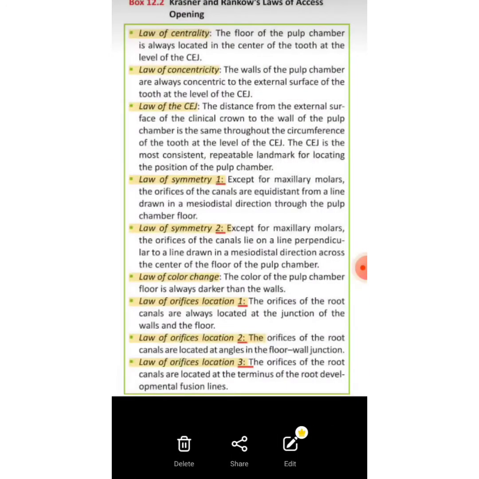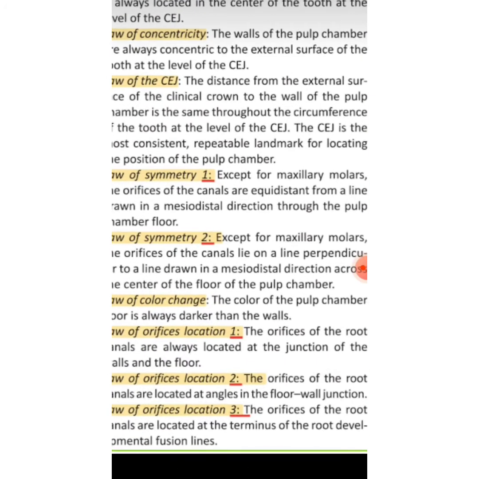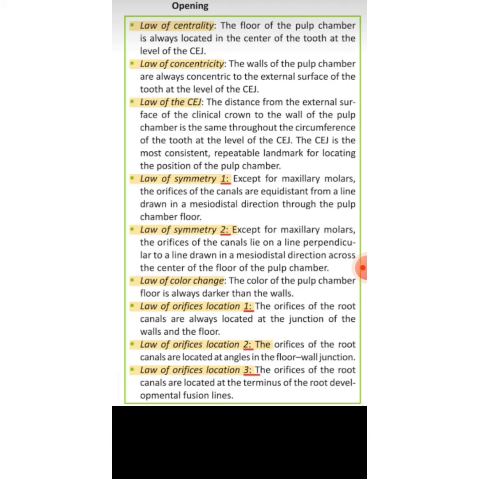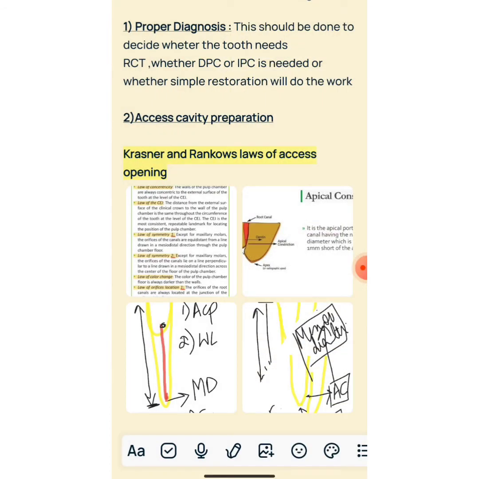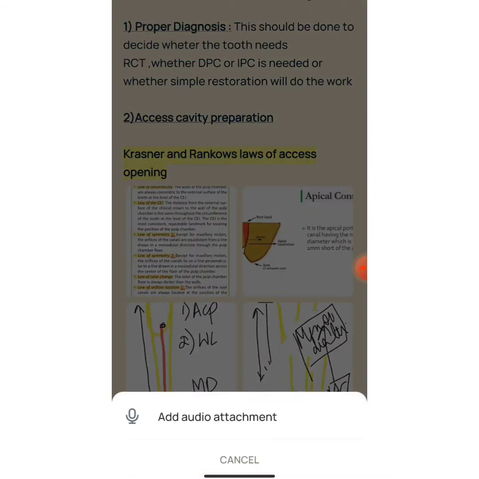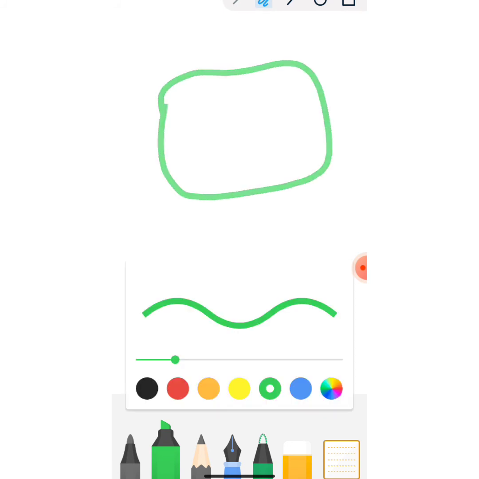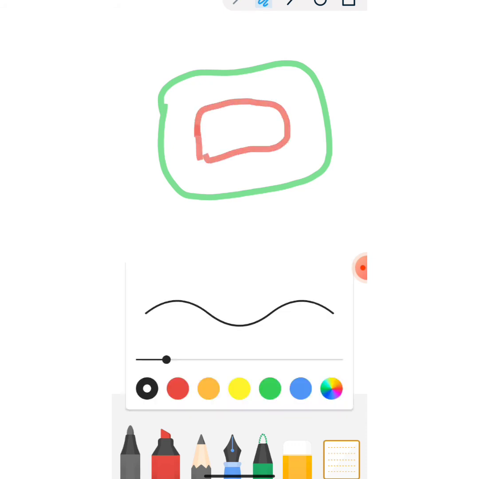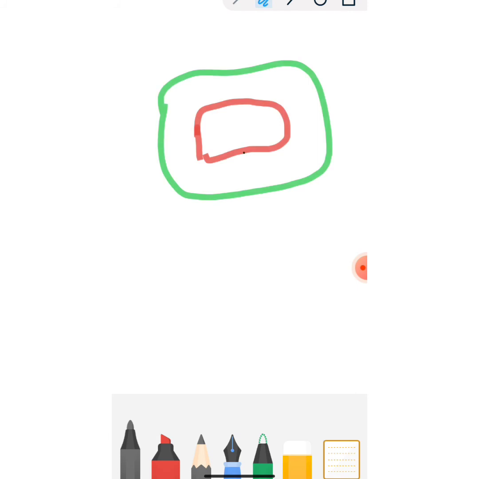Then comes the law of concentricity. The walls of the pulp chamber are always concentric to the external surface of the tooth at the level of CEJ. So law of concentricity says that if this is the tooth and this is the pulp chamber, the walls of the pulp chamber are always concentric to the external walls of the tooth surface.